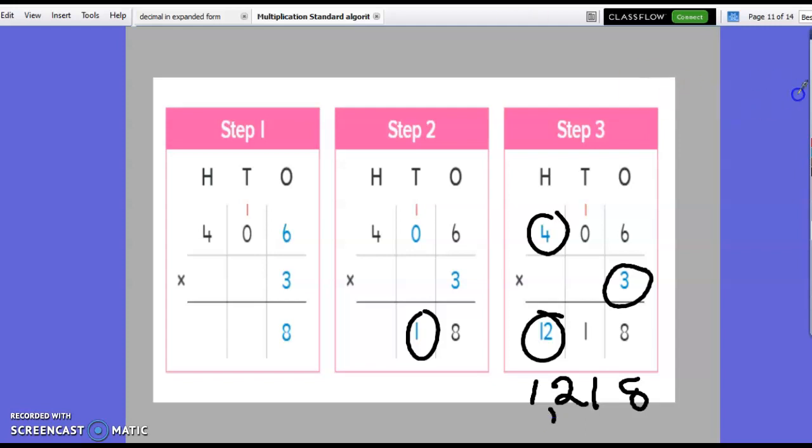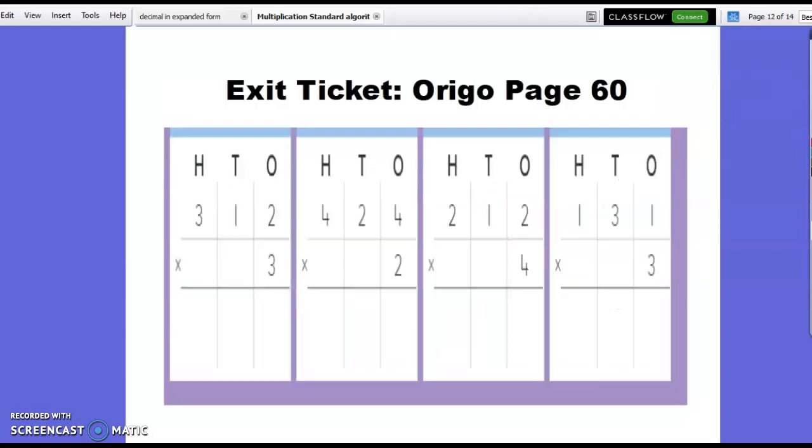Okay. Here comes the next part. Your exit ticket is on page 60. And if you're in class with me, we will go through these and check them, but make sure you practice on these if you want me to check and make sure that you are doing them correctly. When I check back in with the classroom, make sure that you have those out and ready to go.